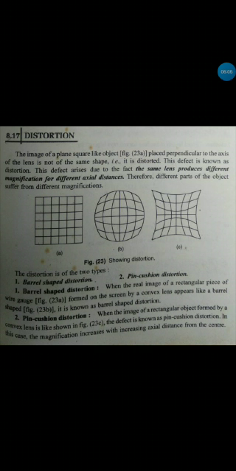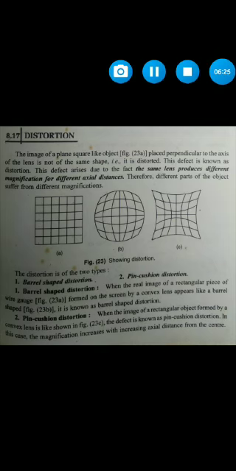When placed in front of the lens, the image formed by the lens is not of the same shape. It is another shape, like barrel shaped or pincushion shaped. This defect is called distortion.